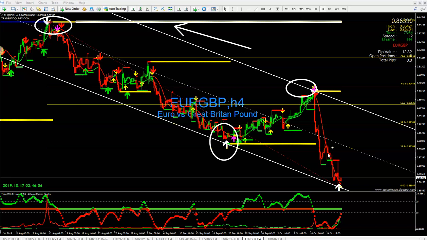Look at this. So the pullback on the triple arrow was a short pullback of 212 pips. But overall, the trend was a bearish trend. So don't freak out if you don't zoom out of the chart and see the entire picture of it. Don't freak out. I mean, the trade is accurate. Up to now, it's still accurate.